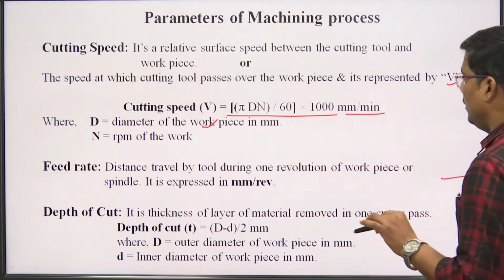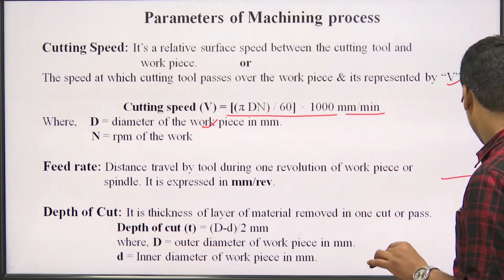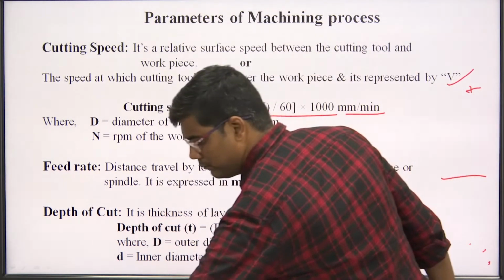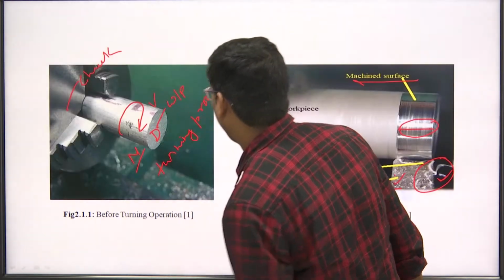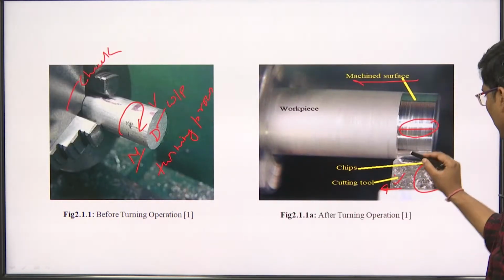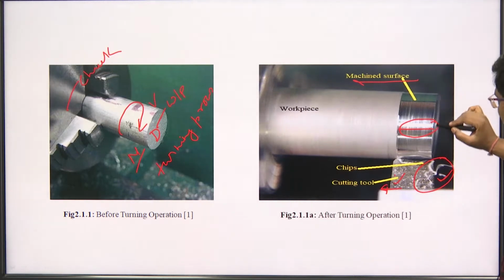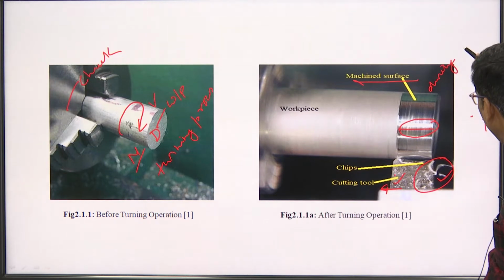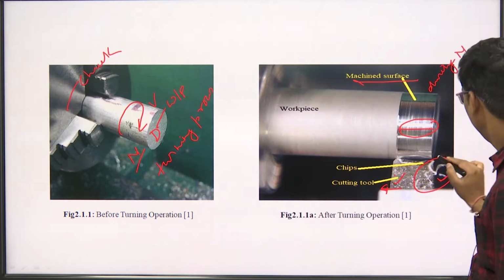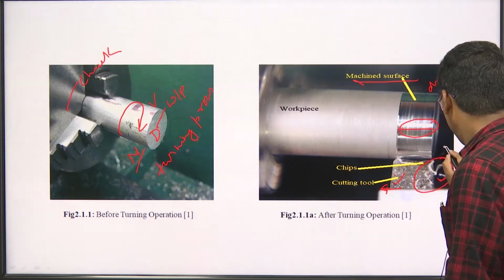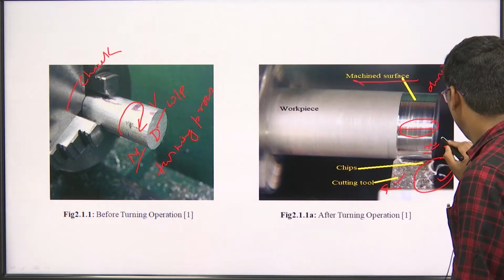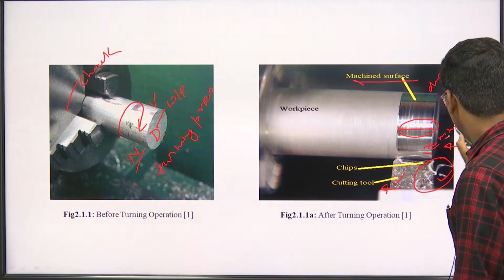We can also see in this diagram, during N RPM the tool moves in this direction by x, and the unit is mm.